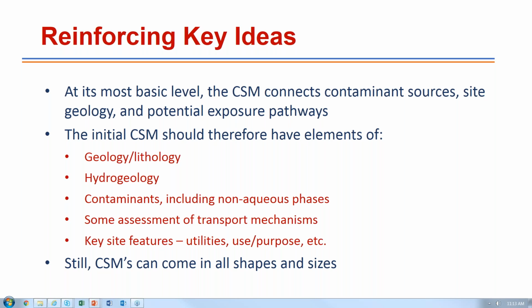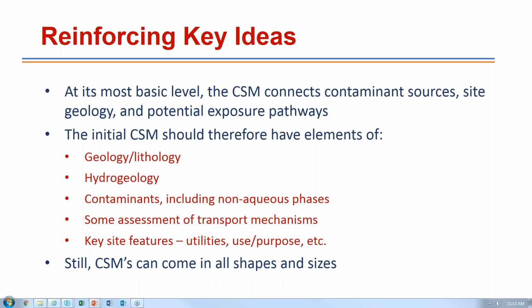It should have as much information about transport mechanisms as you can put together, and should also indicate key site features that maybe don't have to do with the aquifer itself, but can definitely impact transport, like utilities, what the site use and purpose is, and things like that, because those can greatly impact where the contaminants may be.